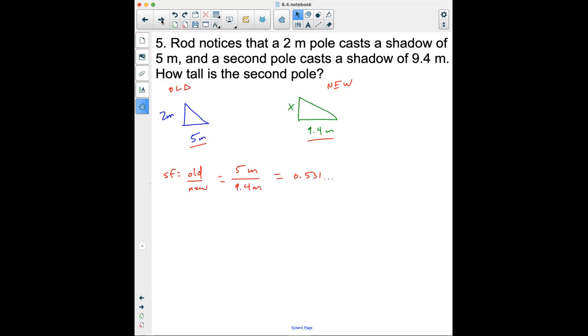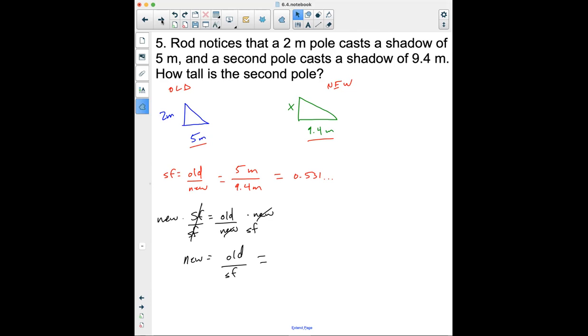Again, a little bit of algebra here. Scale factor is equal to old over new. Multiply both sides by new. Anything divided by itself cancels out. Divide by scale factor. New equals old divided by scale factor.